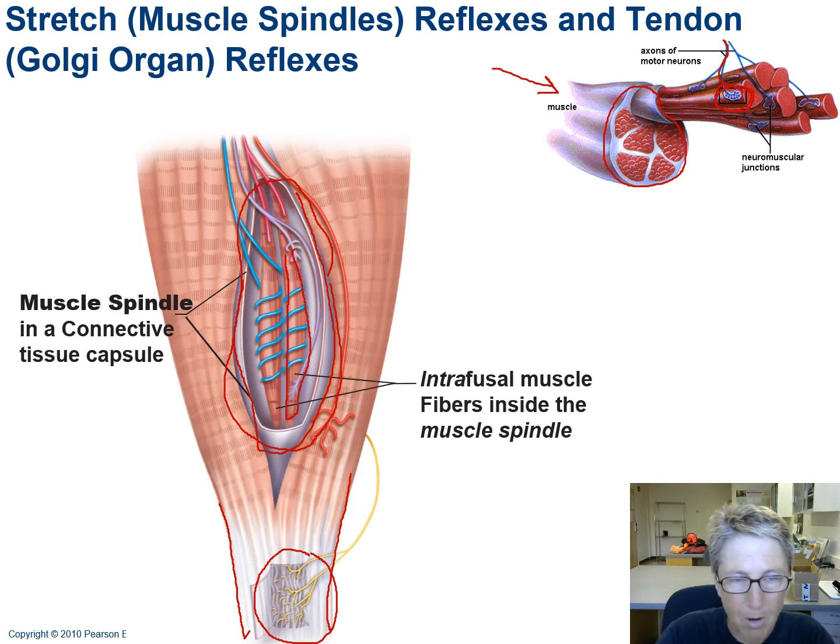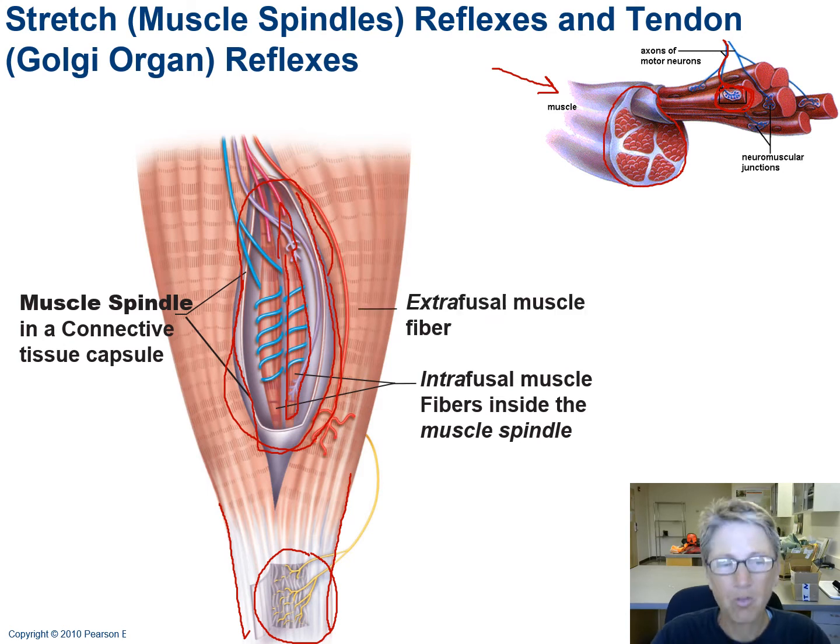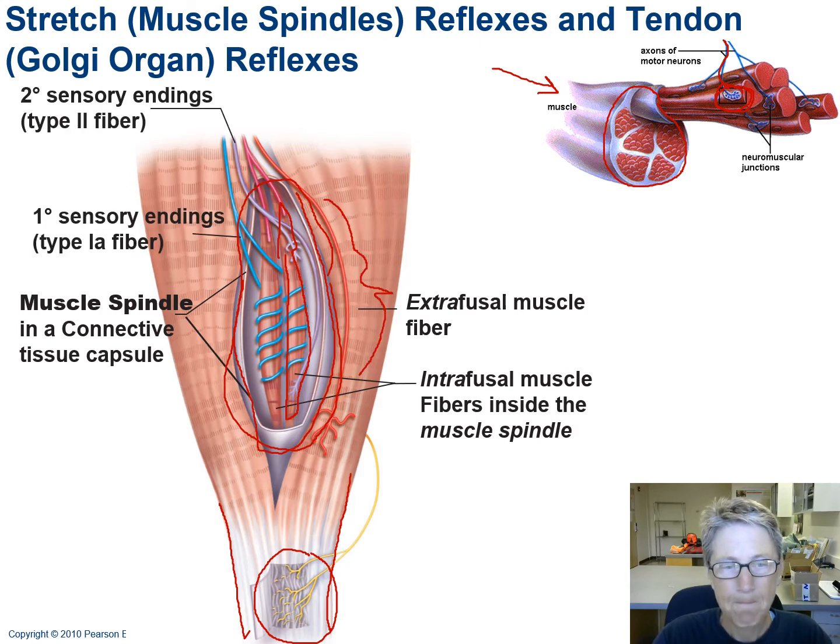It's kind of a modified skeletal muscle. You can see intrafusal muscle fiber. And then just outside of the muscle spindle, you have this area called the extrafusal muscle fiber.